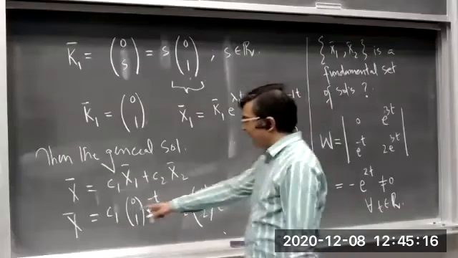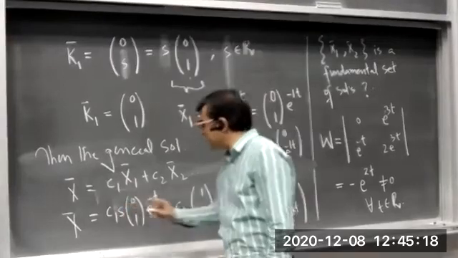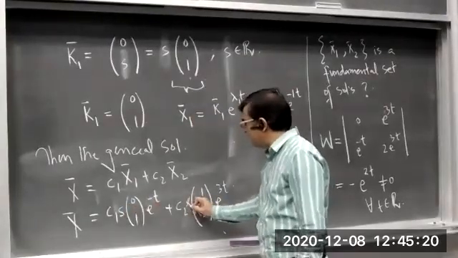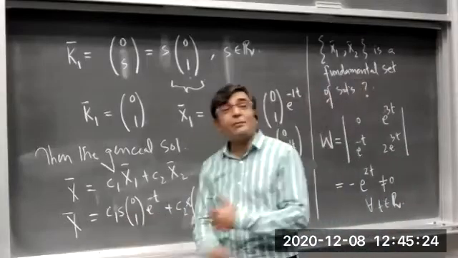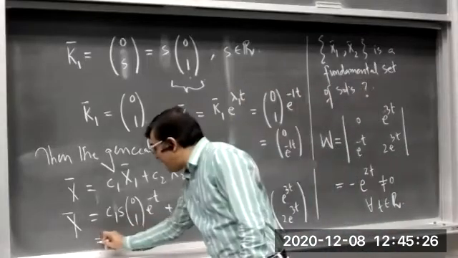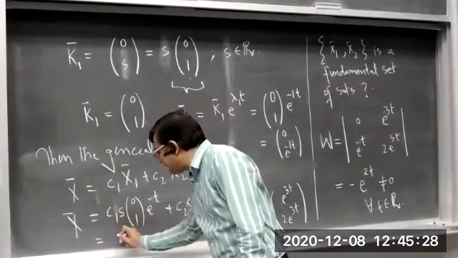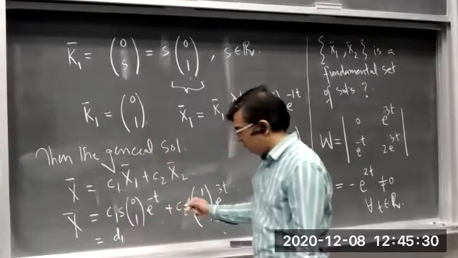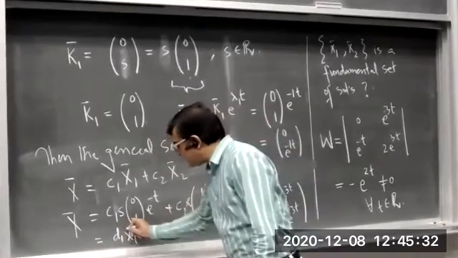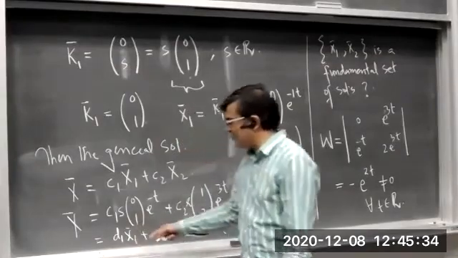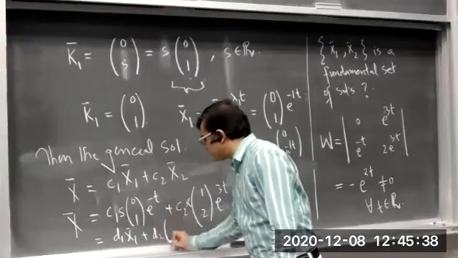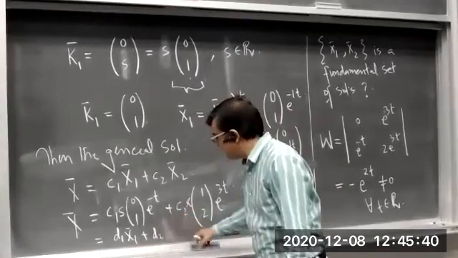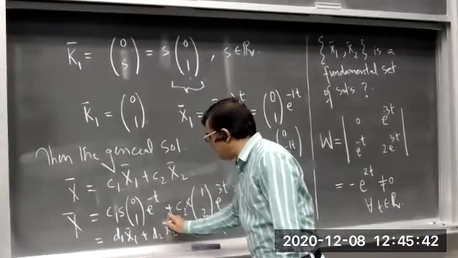Look, in the first one, what came was S, so write S here. In the second, what came was R, so write R here. S is a constant, C1 is a constant, so they are arbitrary constants. So we can write C1 S as a constant D1, and it is multiplied with x1, again the solution, and the other constant becomes D2, which is again multiplied with x2.